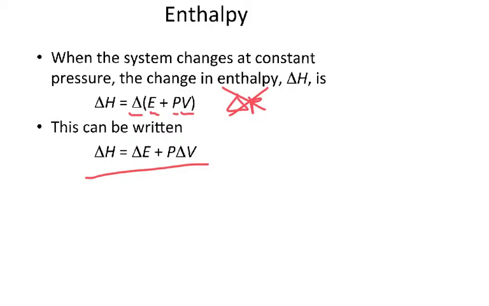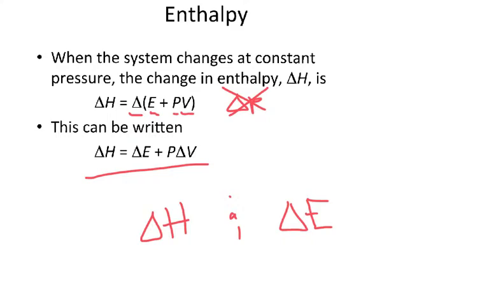So let's take a minute to consider what's different between delta H and delta E. Because you're probably thinking that they seem really similar, and they are. I mean, they both are state functions, and they both represent some sort of change in a particular system.